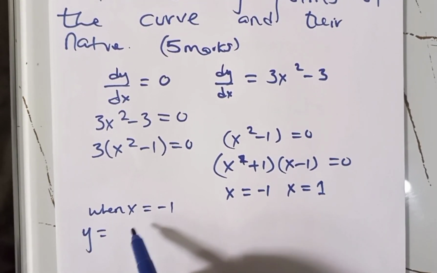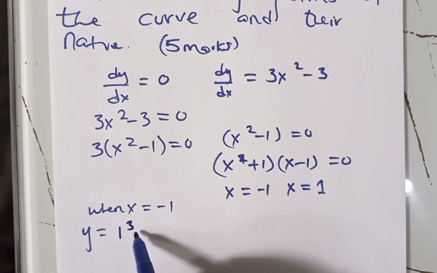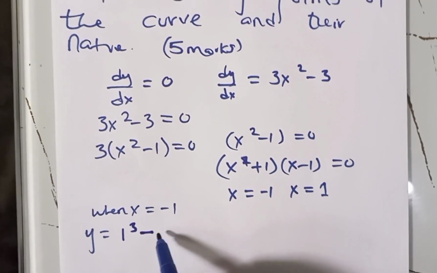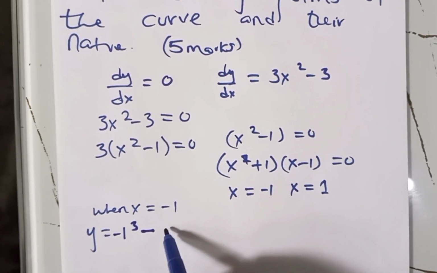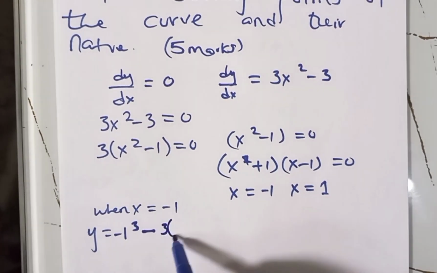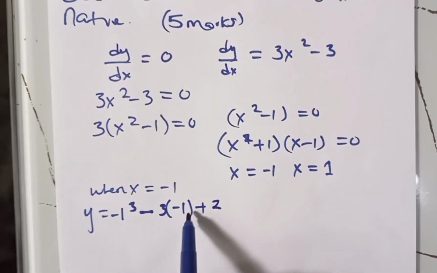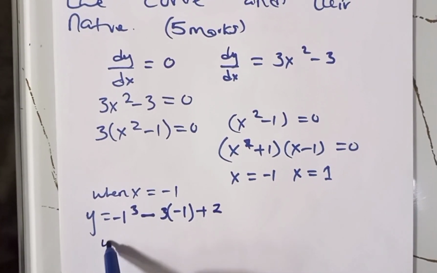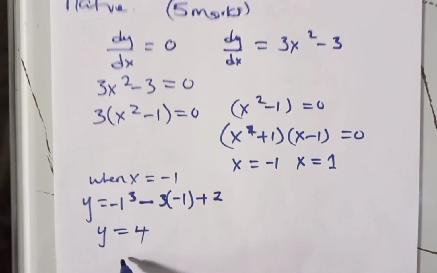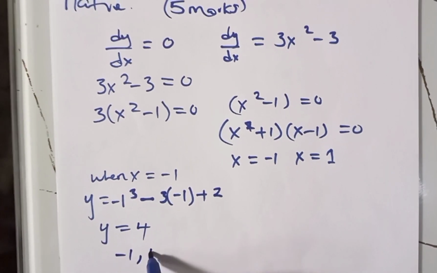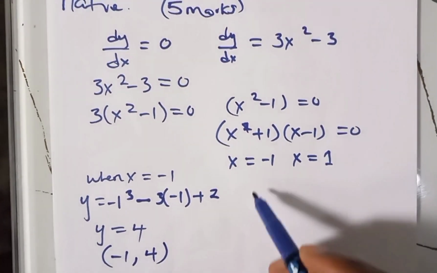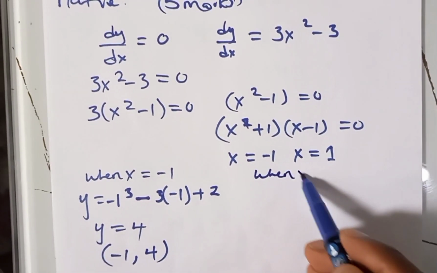So when x is negative 1, we had x cubed, so negative 1 cubed minus 3 into negative 1 plus 2. And then on putting that onto your calculator, you get the value of y to be 4. And therefore that point is (-1, 4), that is one turning point.